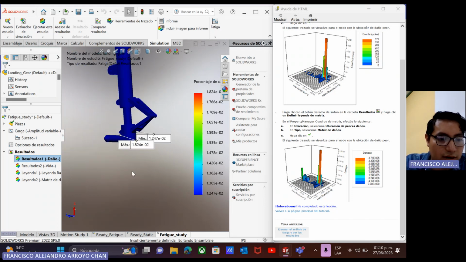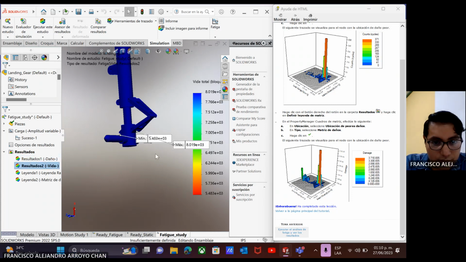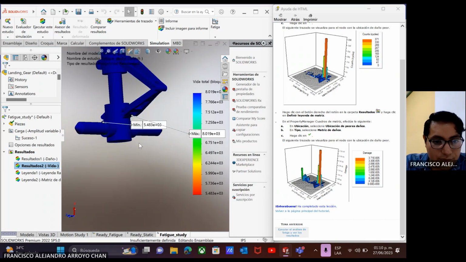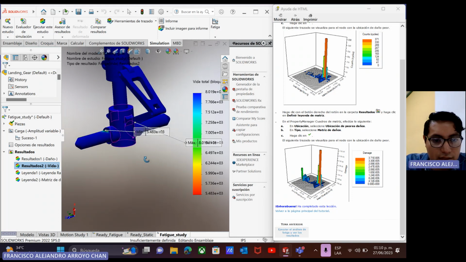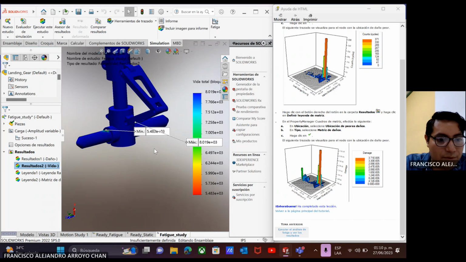Also, we have similar results with the life results. Similar to that, on those points we got the minimum and the maximum.